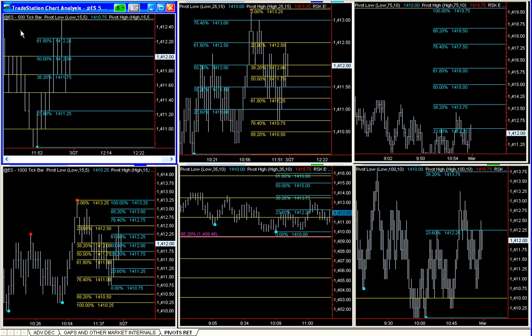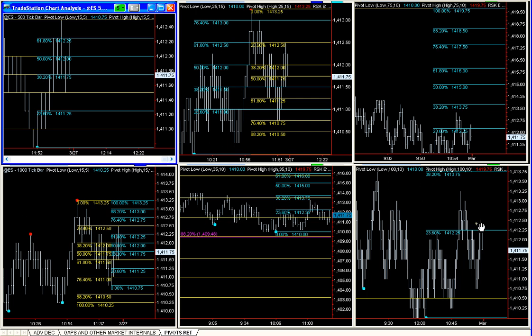So, getting back to our definitions, we've got 6 different definitions. For example, chart 1 is using a 500 tick bar, whereas chart number 2 is using a 1000 tick bar.